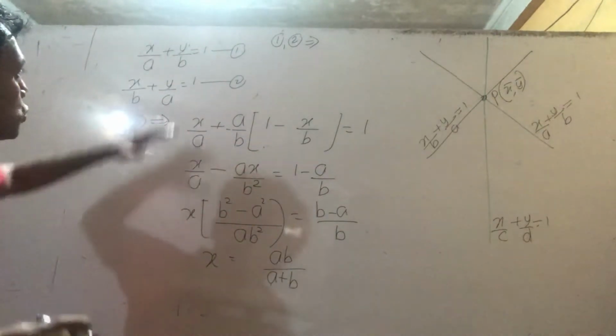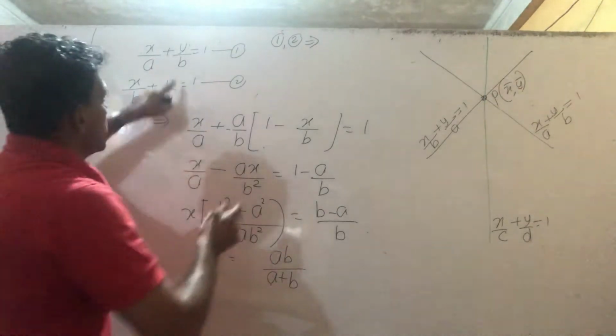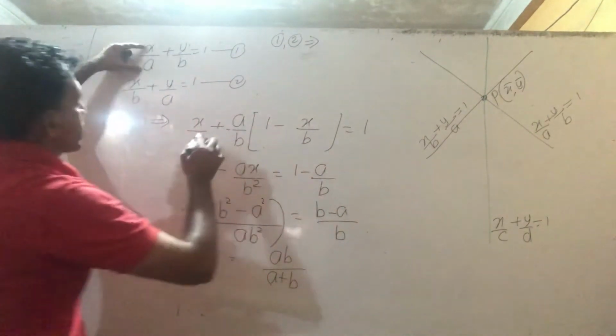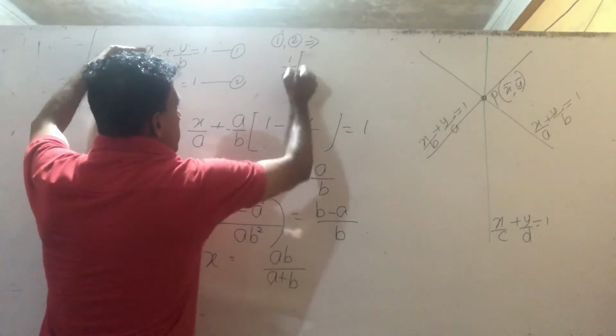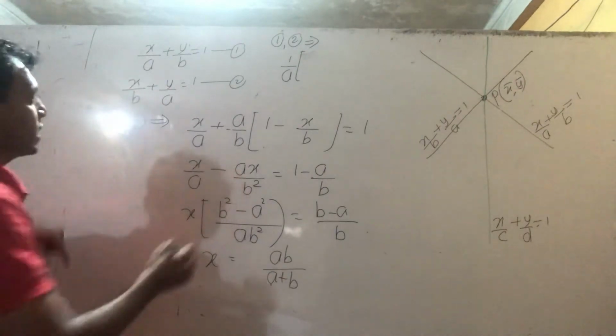Equations 1 and 2 give me the Y answer. Let us take X as 1 over A, X, what is X?